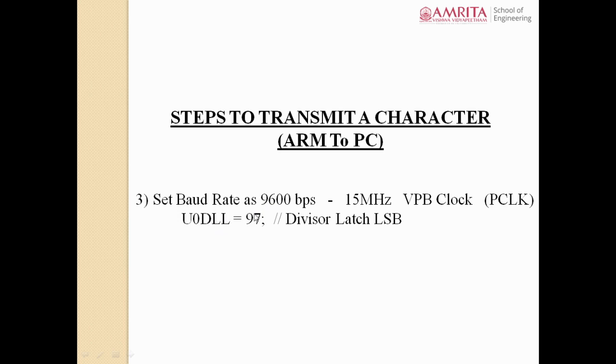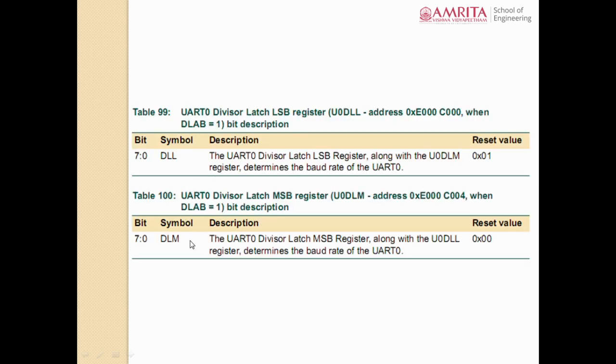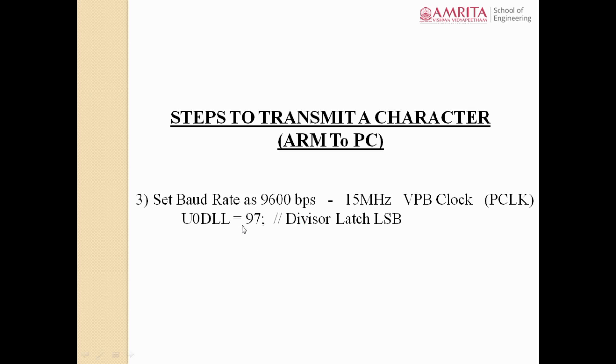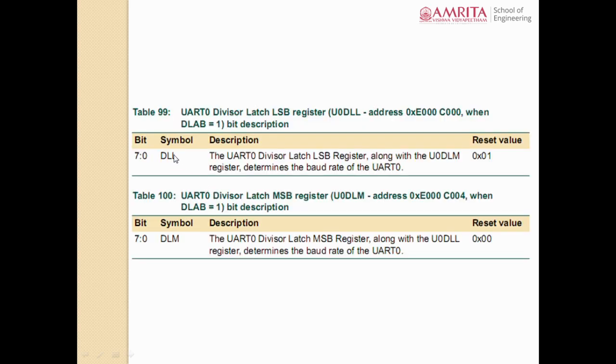Whenever you want to write a value into the divisor latches, such as U0 DLL or U0 DLM, you need to first enable access to these registers. You cannot directly write this value without enabling. Why have they given it like that?